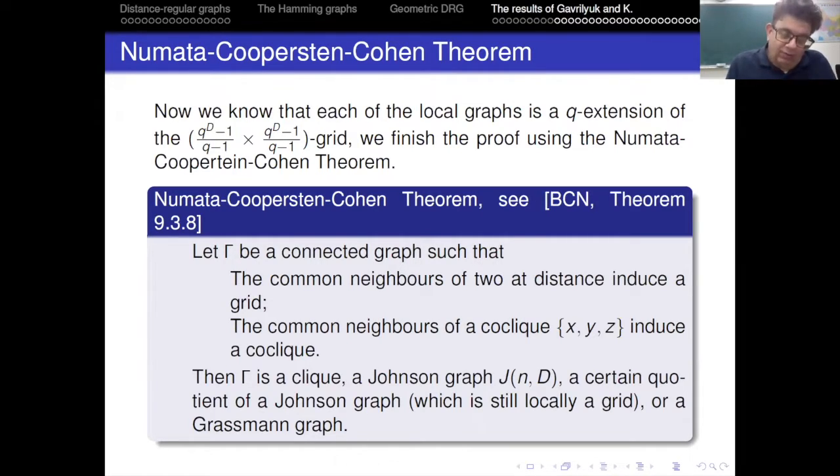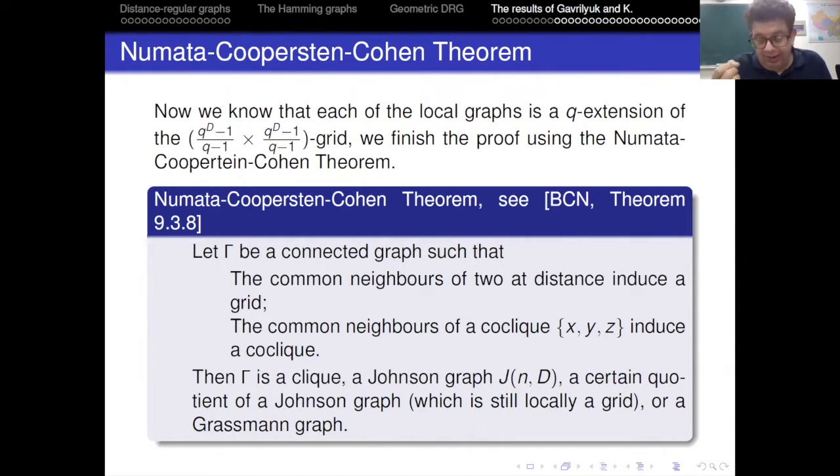So now we want to have a connected graph such that the common neighbors of two vertices at distance 2 induce a grid. I'm sorry, there are too many mistakes here. And the common neighbors of a co-clique x, y, z: that means they must be the common neighbors of x, y, and z, and then we ask that subgraph to be a co-clique.